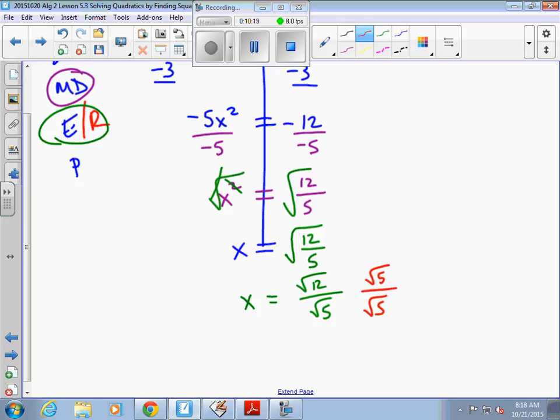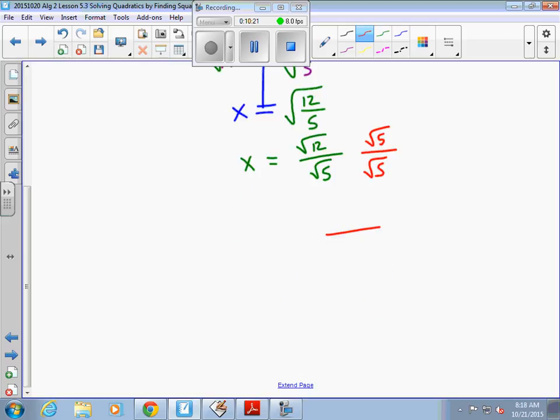When you multiply it on the bottom, you'll have 5, and you have the square root of 12 times the square root of 5. Now, we can make that into 60 by multiplying those two together, or we could break down the square root of 12 to make smaller numbers. Remember the perfect squares: 2 times 2, 3 times 3, 4 times 4, 5 times 5. 4 multiplies by 3 to give you 12.